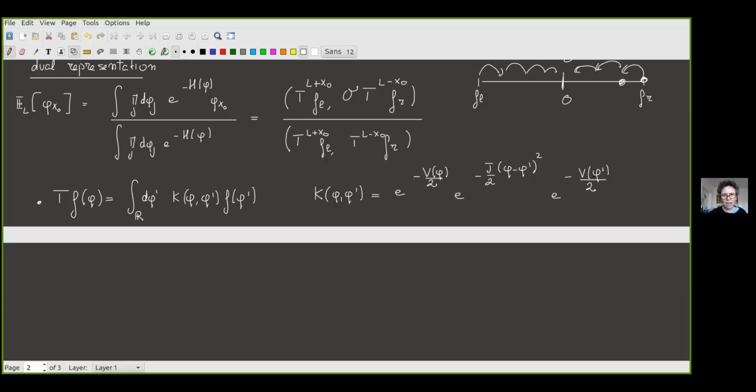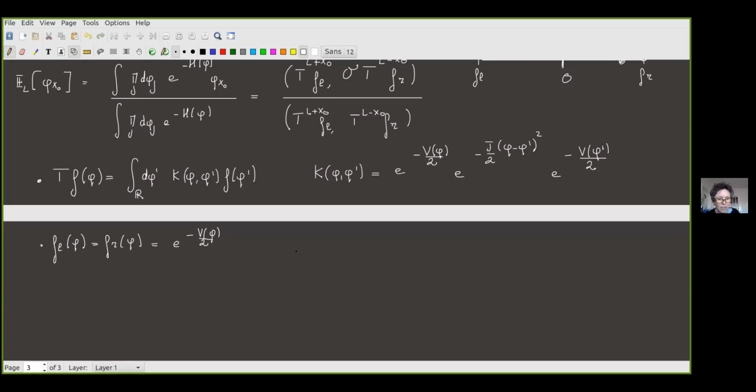Now, here I also wrote a function f left and f right, so I have to specify those. In this case, each is just exponential of minus V(phi) divided by 2. If you are wondering, here I'm just taking free boundary conditions. I didn't put any special boundary conditions.